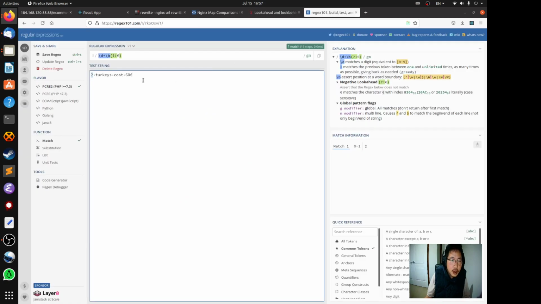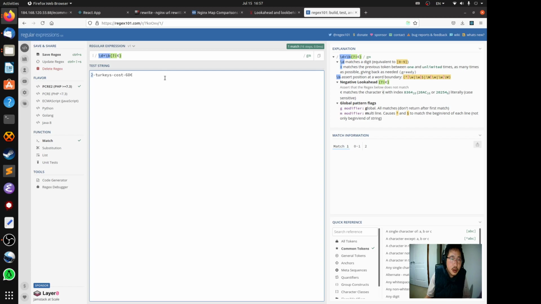So we could match number 2 or here. We could also be here as well, but what comes next is a word boundary.